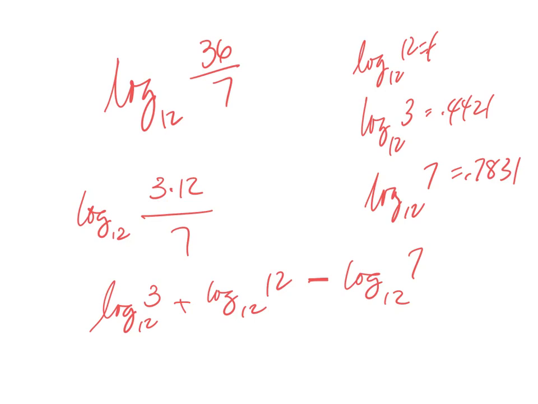So log base 12 of 3 is 0.4421 plus 1, log base 12 of 12, minus 0.7831. So you just put all that in your calculator and tell me what you get. So we get 0.6590.